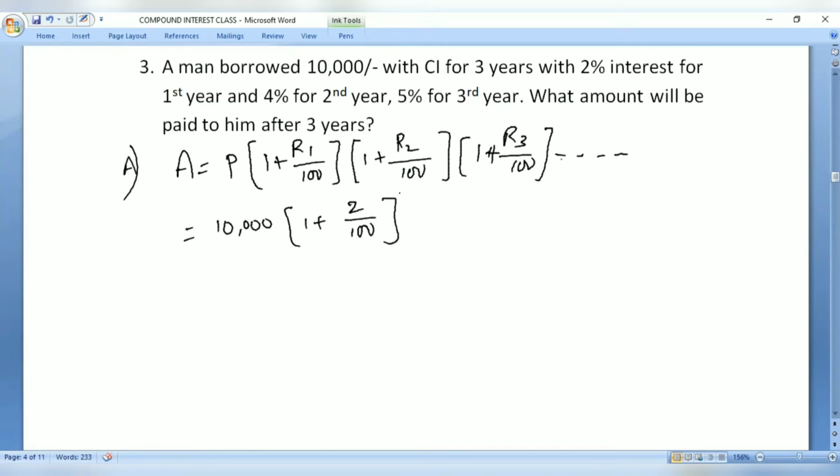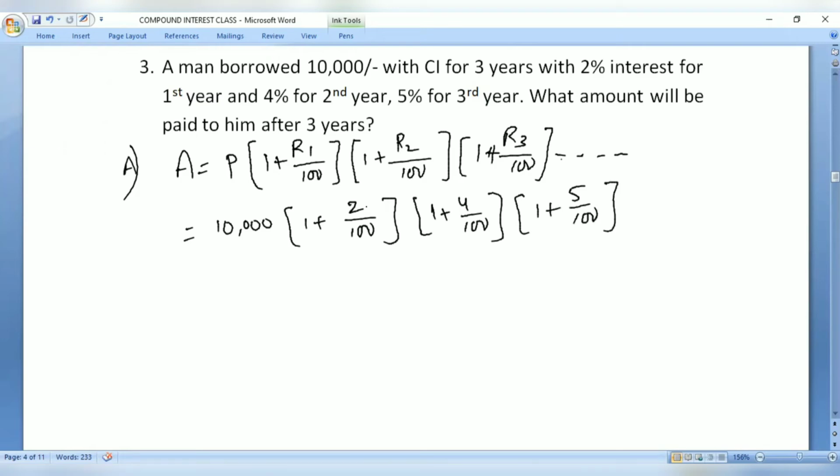Here in the place of n, always it is only 1 year because for every 1 year the rate of interest is changing. So in the place of n, we can write only 1. That is why we are not writing anything. So 1 plus R2 means 4 by 100. Then 1 plus R3 is 5%, so 5 by 100.